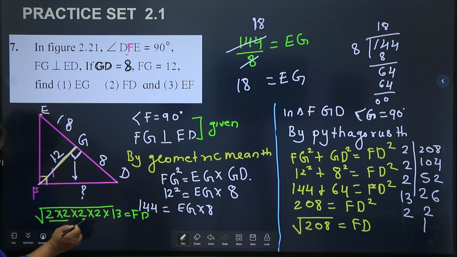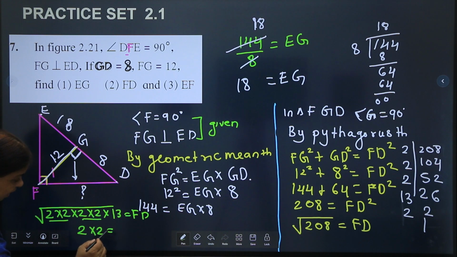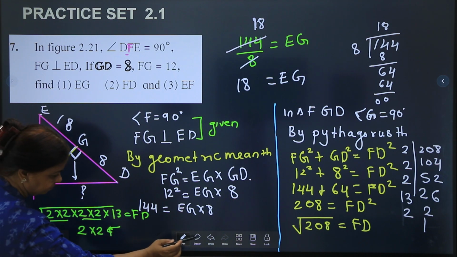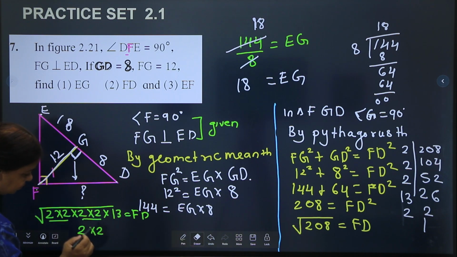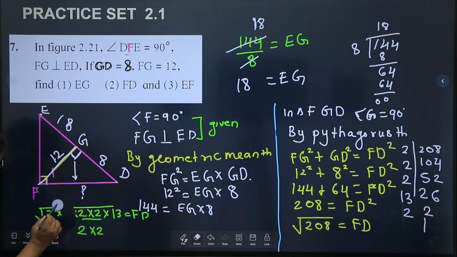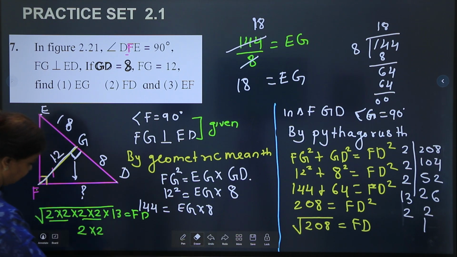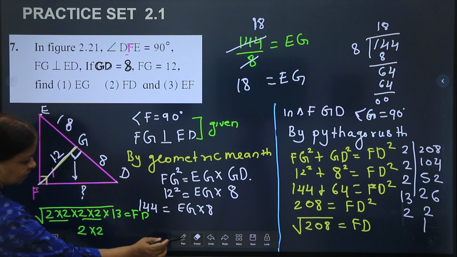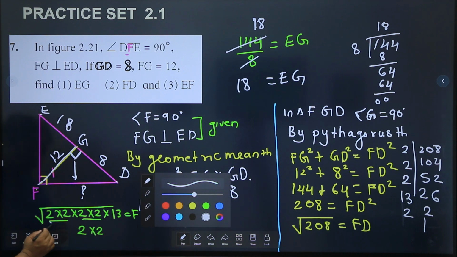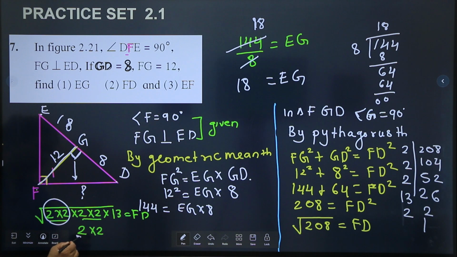So 2 into 2 is equal to under the root, this will come out because it is 2 times. This is 2 times, so it will come out as 1 time.